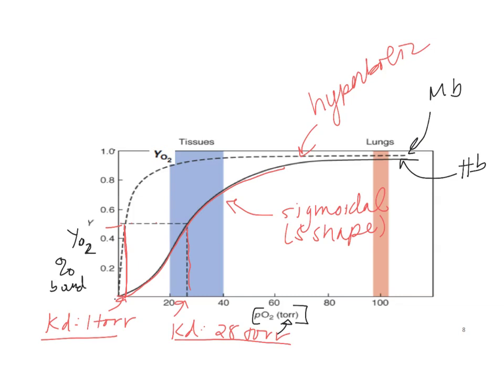The other thing that this tells you is there's this tissue thing and the lung thing. So the tissues in your body, this is the range of concentration for oxygen in your tissues. This is the range of concentration for oxygen in your lungs. So what I see when I look at this is that myoglobin comes along and at super low oxygen concentration sponges up all the oxygens, and all the myoglobins end up being bound to O2.